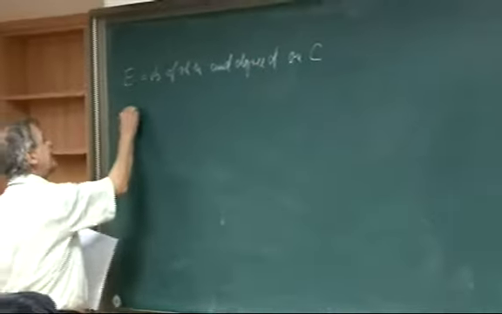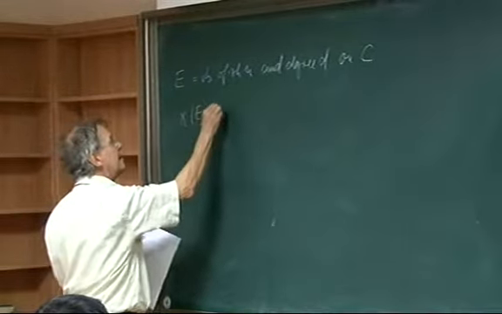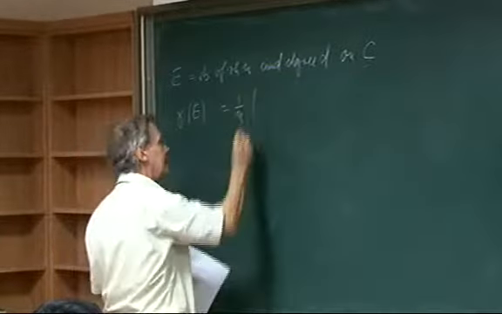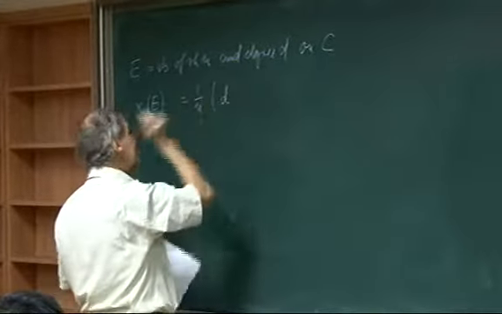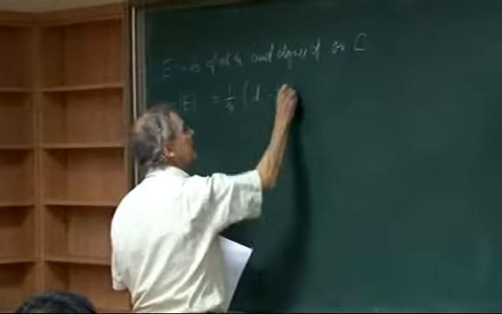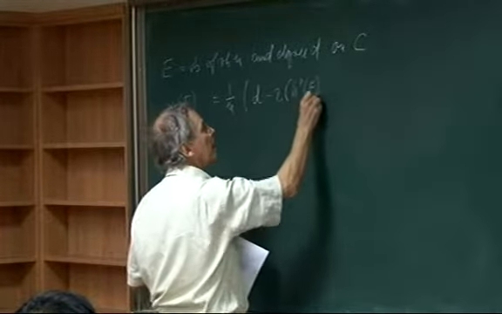Then we define the invariant gamma of E to be 1 over n times the degree d minus 2 times h0 of E minus n.